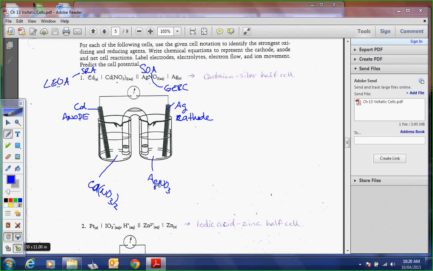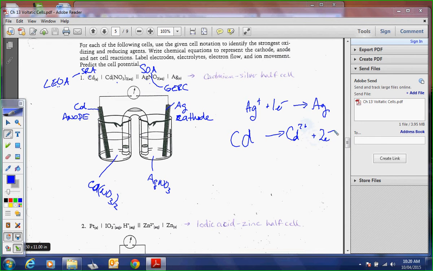It asks you to write the chemical equations to represent the cathode and the anode and the net cell reactions. So the reaction happening at the cathode is Ag+ gaining one electron to become Ag, and the cadmium is becoming Cd2+ and 2 electrons.